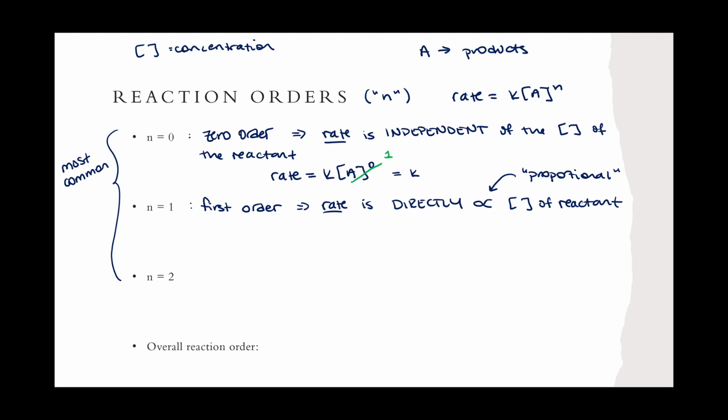And if we were writing our rate law for this, we would say rate equals k times A raised to the first power, which is just A. And lastly, if we had an n equals 2, our reaction order we would refer to as second order.